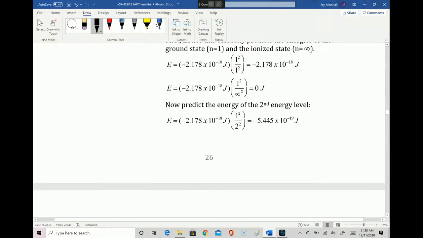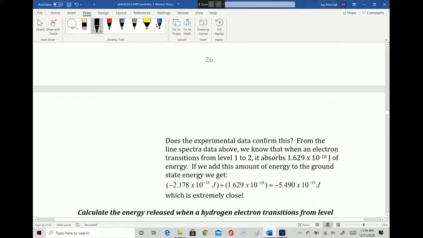So if we predict the amount of energy of the second energy level, 1 squared over 2 squared, so 1/4 of this value, that gives us negative 5.445.